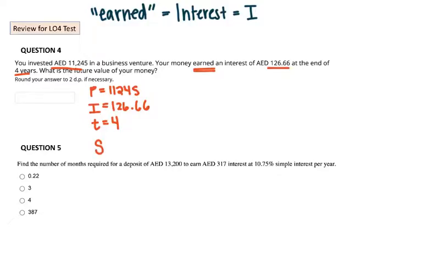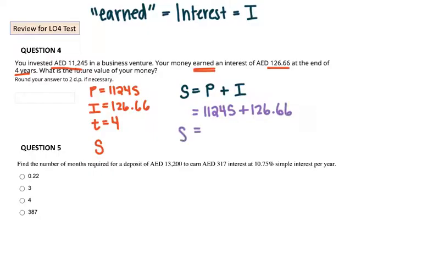Okay, be careful here. It didn't give us the interest rate. So we'll actually use the simple interest equation, that the future value just equals the present value plus the interest earned. So the starting amount that we put in the bank was 11,245. Then it earned 126.66.